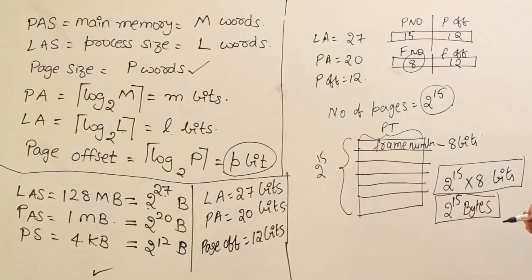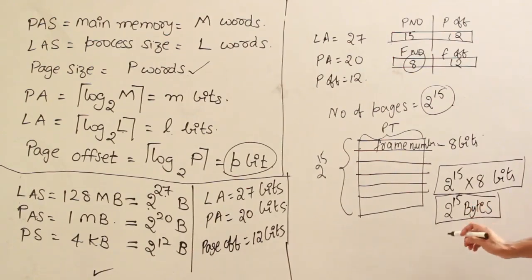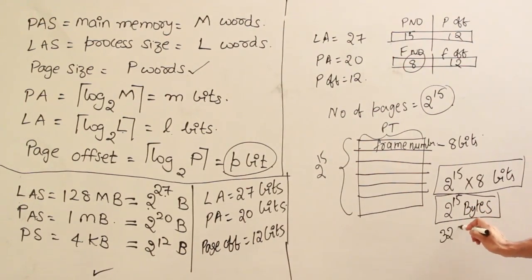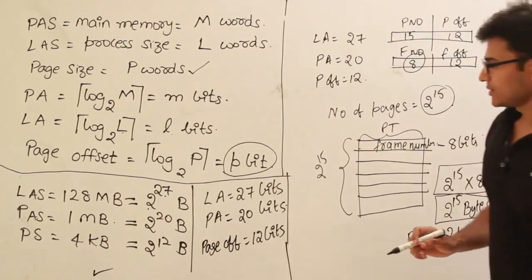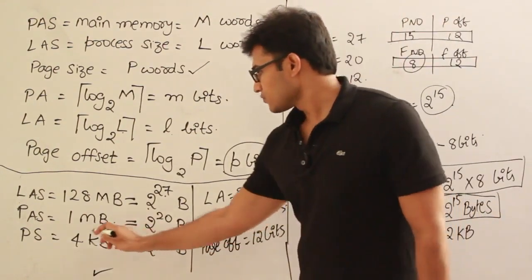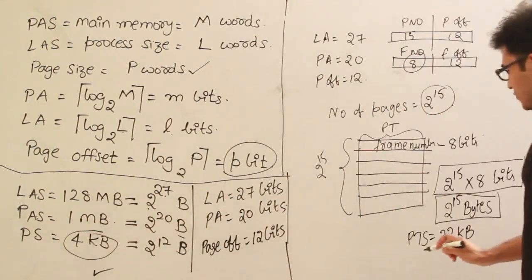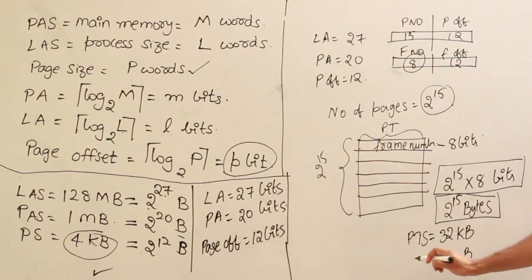Now watch it. How much is 2 power 15 bytes? It is 32 KB, right? So the page table size is 32 KB, but the page size is 4 KB.